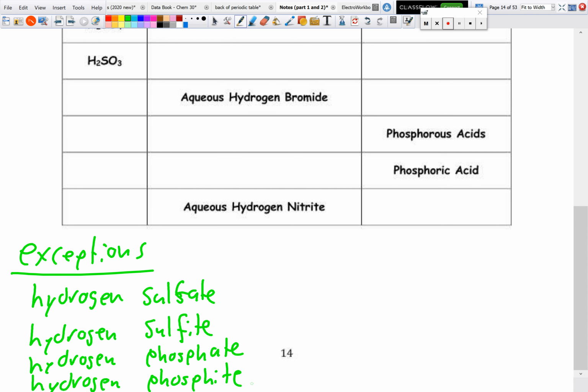So these are the exceptions right here, if we have basically the sulfate ion and the phosphate ion.